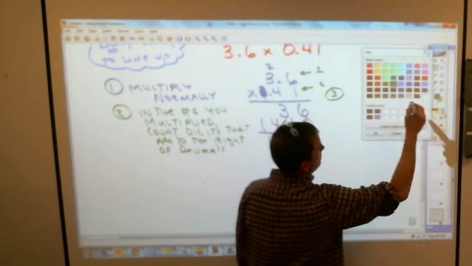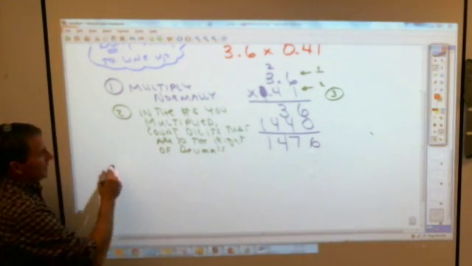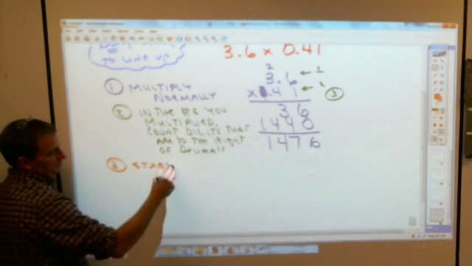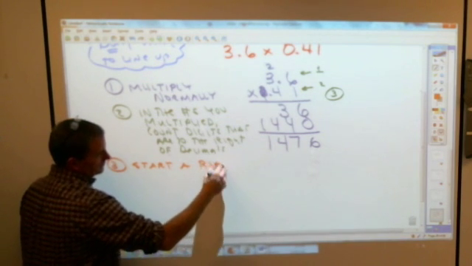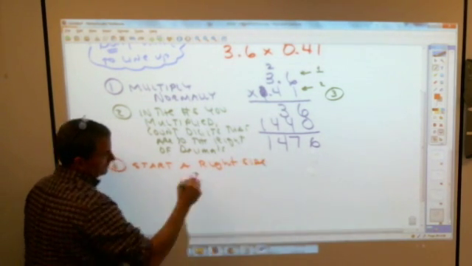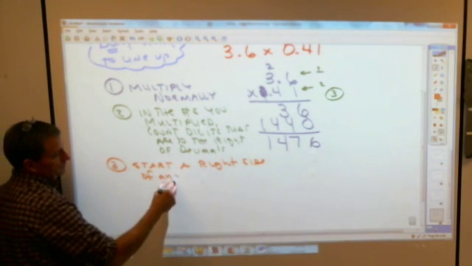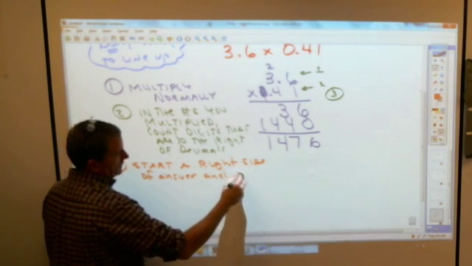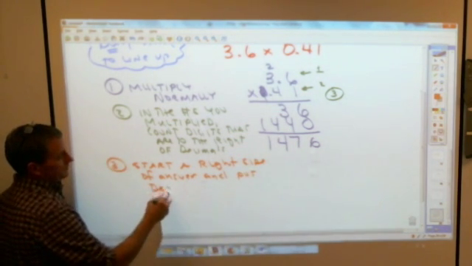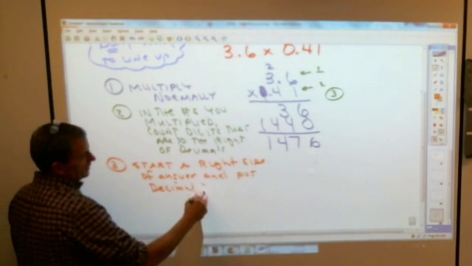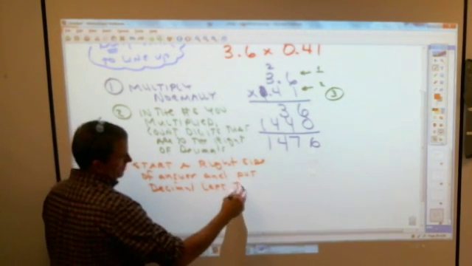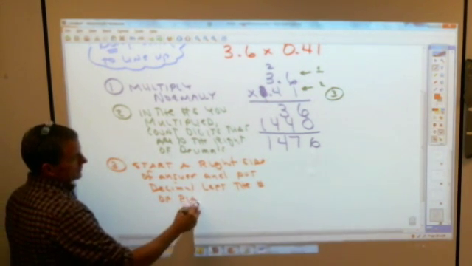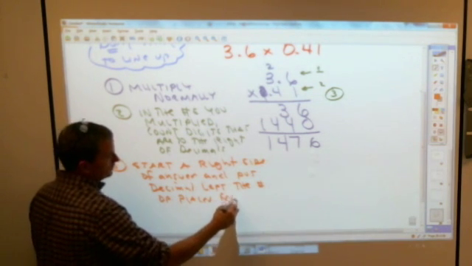What you need to do is then, step number 3, start at the right of your answer and put the decimal left the number of places from step 2.